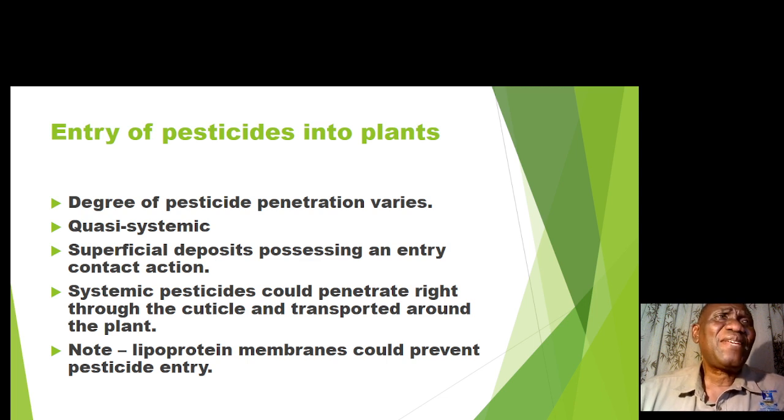We may also have superficial deposits possessing a contact action, something which remains on the plant surface. Or we could have systemic pesticides which could penetrate right through the cuticle and get transported around the plant.